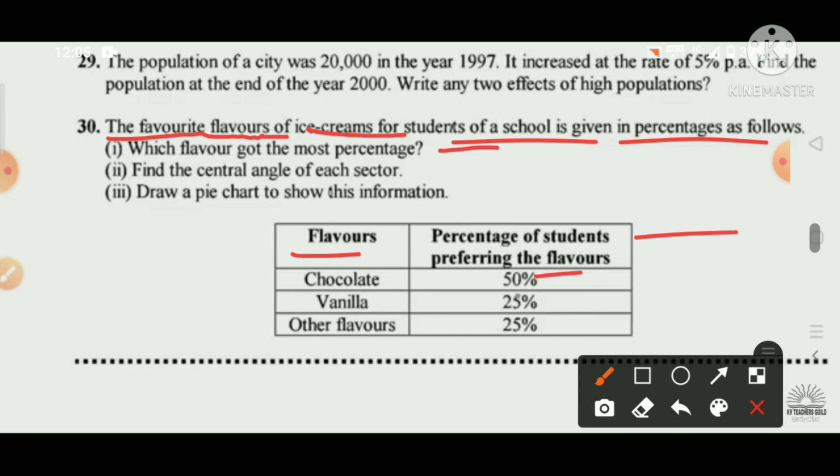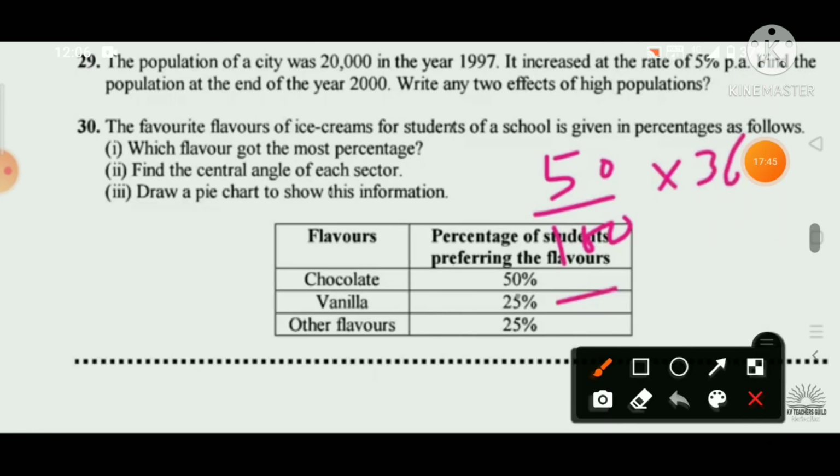Find the central angle of each sector. How to find the central angle of the sector: take 50%, 50 by 100 into 360. Like that you will get the answer for chocolate 50%. Then you can do it with 25% also. Like that you can find the sectors.